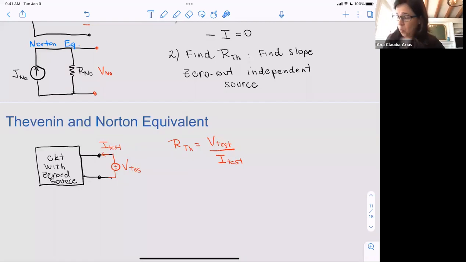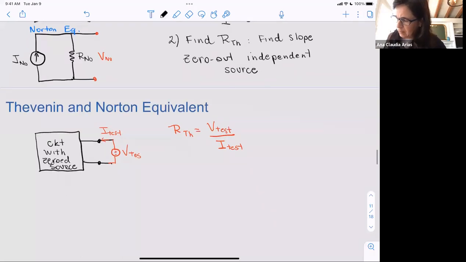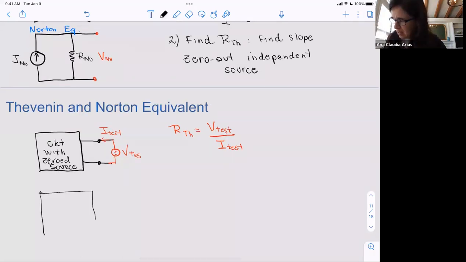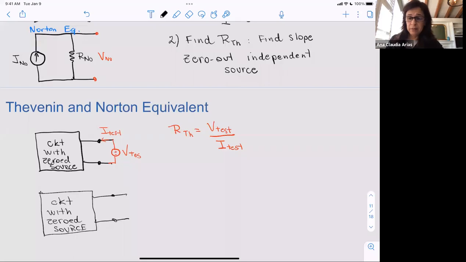The other practical way that one could do this test is you have, again, a circuit with zeroed sources. And then outside here, I could apply current and measure the voltage, right?